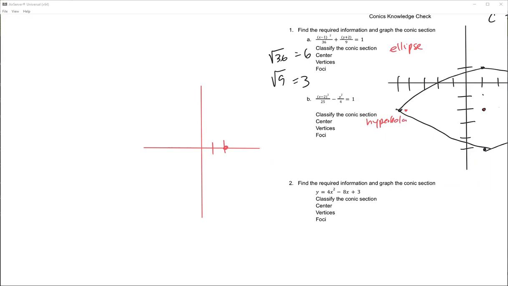The major axis is the X axis because the major one would be the positive variable, okay? So the center is 2, 0. The vertices are, you get the square root of 5. You go 1, 2, 3, 4, 5, and 1, 2, 3, 4, 5. So your vertices are 7, 0 and negative 3, 0.